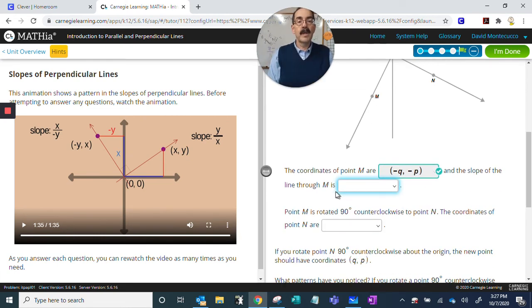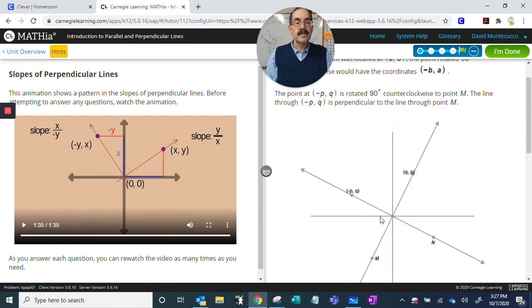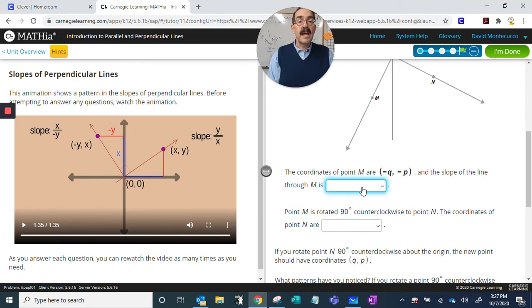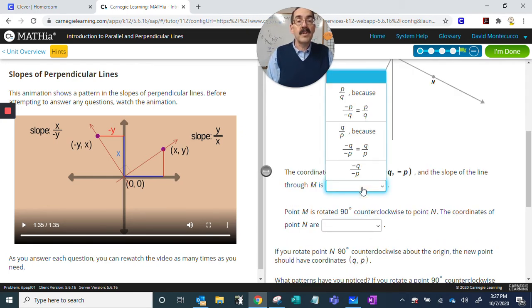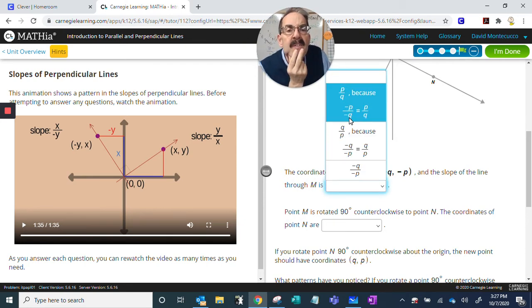Now the slope of the line through M is going to be the rise over the run, P over Q. We're going down, back, down. So let's see if they have negative P over negative Q. Let's see if that works.